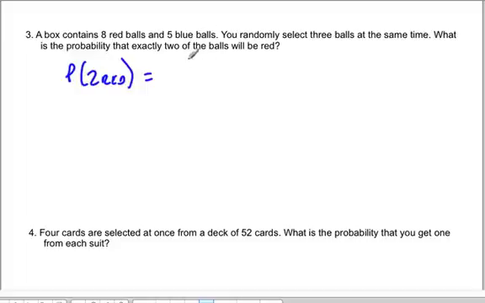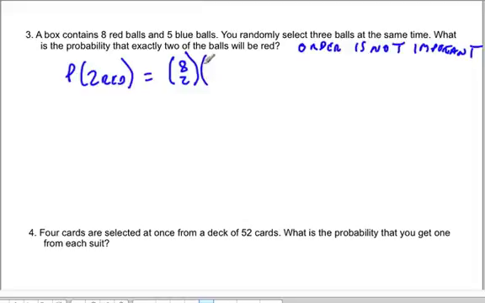We're grabbing 3 balls out of this, and so the number of ways that we could choose 2 red balls would be the combination of 8 choose 2. Because order is not important, we're not saying that we got a red first, a blue second, and a red third. Order is not important, so this is a combination.